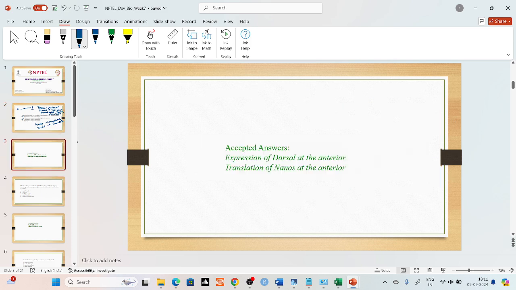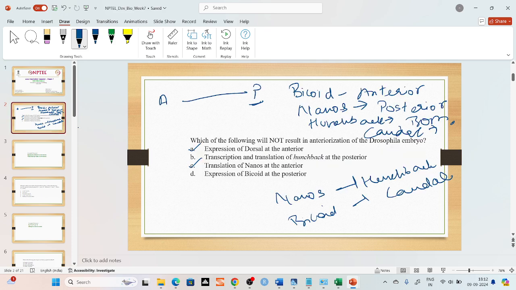Our options are expression of dorsal at the anterior and translation of nanos at the anterior. So when dorsal is expressed in the anterior side, then in the anterior side also ventralization would take place. Could you understand what I'm trying to say?